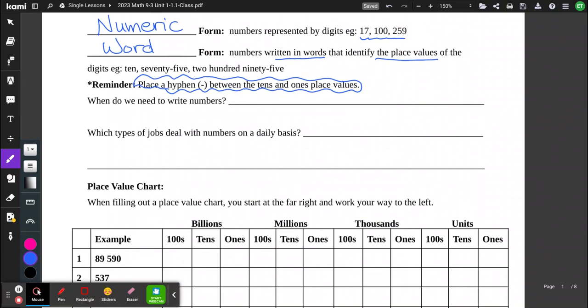So when do we need to write numbers? Well, basically anything to do with banking. Okay, so record keeping for businesses. Okay, and of course for checks.